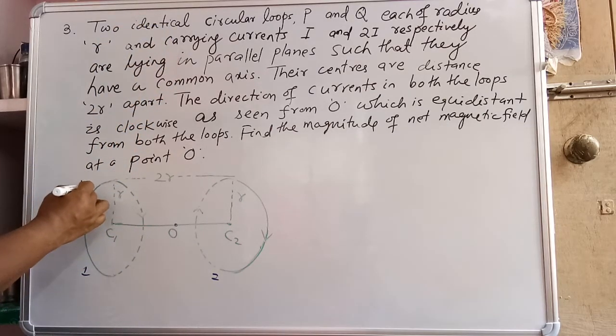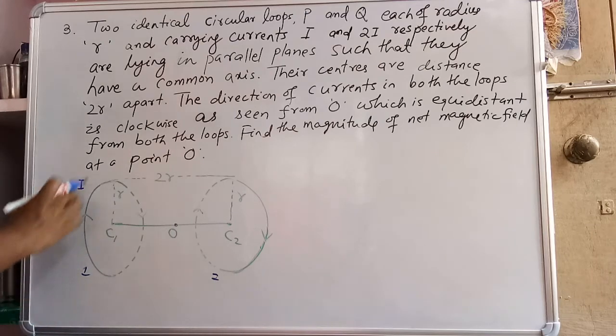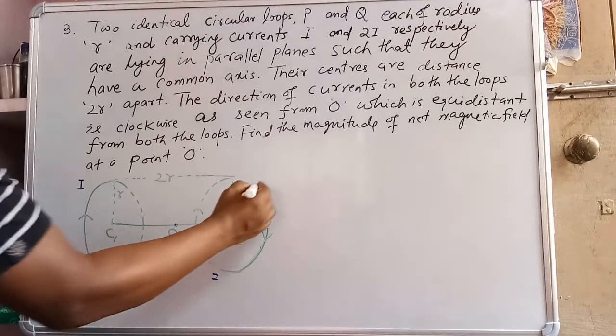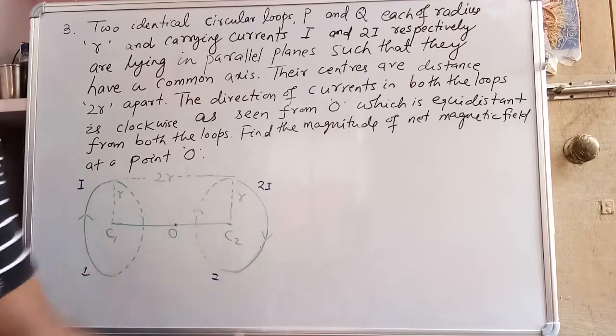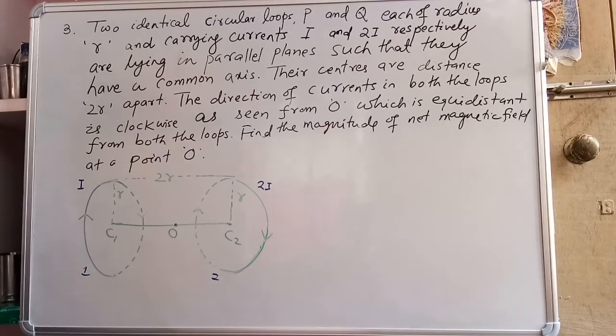I is the current flowing through this coil and 2I is the current flowing through the second coil, coil number 2.